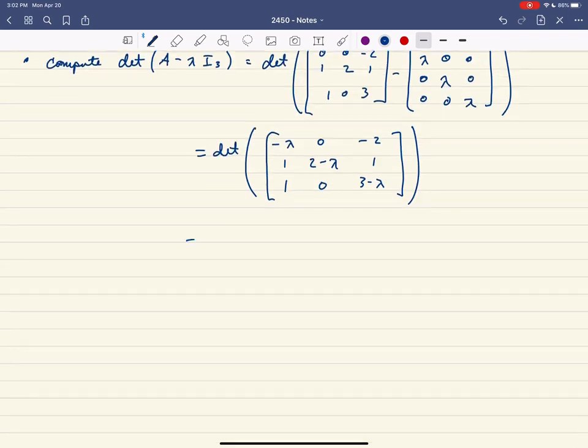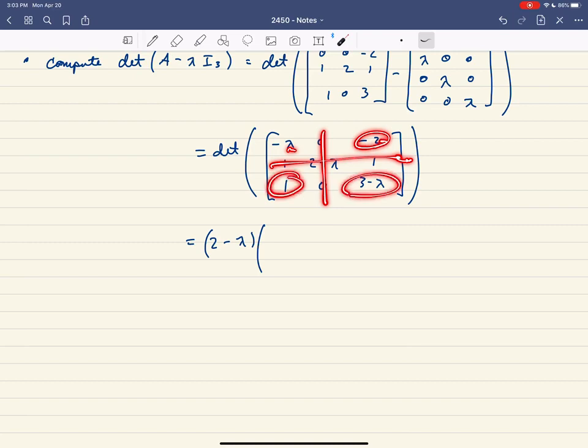All right, and it looks like the easiest way to compute this determinant is via the second column. It doesn't really matter how we compute it, but it looks like that's the easiest. So we're going to get 2 minus lambda times the quantity, and if we cross off the middle row and middle column, we end up with this 2 by 2 submatrix, negative lambda, negative 2, 1, 3 minus lambda.